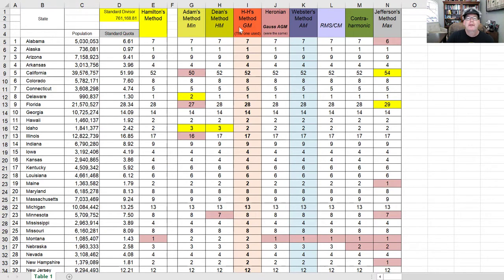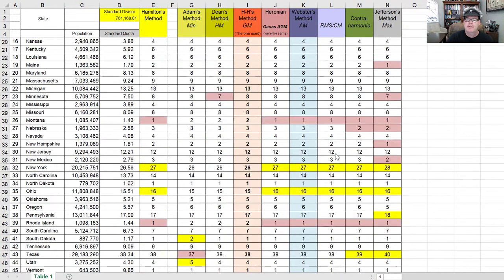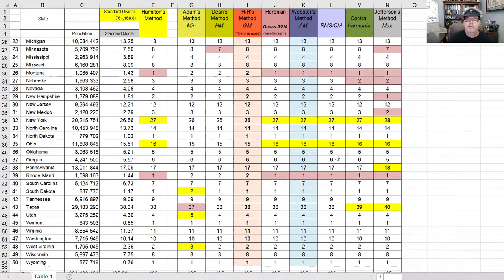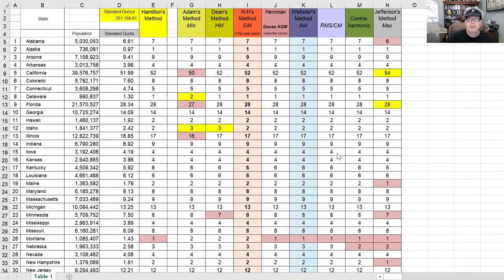Dean's method, the harmonic mean. Huntington Hill, you round with the geometric mean. The Gauss arithmetic geometric mean and the Huronian mean turned out to be the same. There's Webster. The root mean square and the centroidal mean ended up being the same, contraharmonic mean, and Jefferson. So for whatever it's worth, again, we'll look at optimization results shortly, or in another video, I should say.